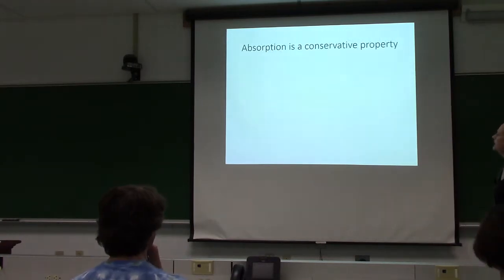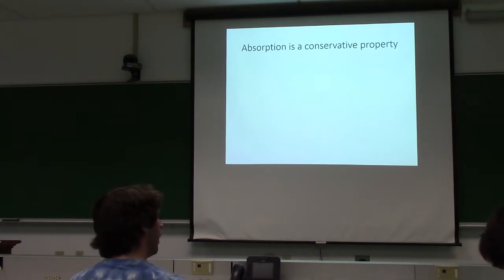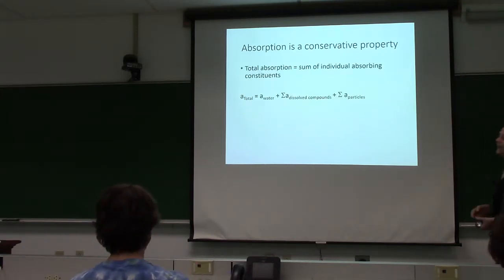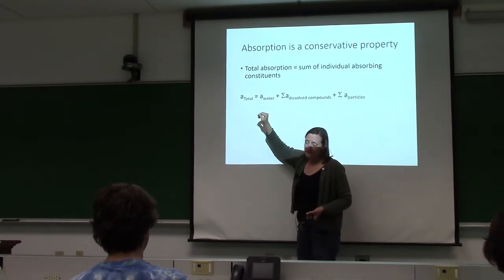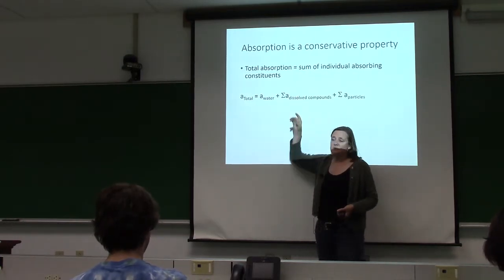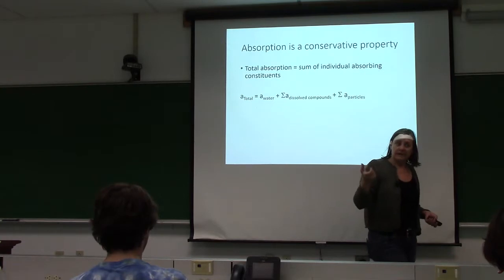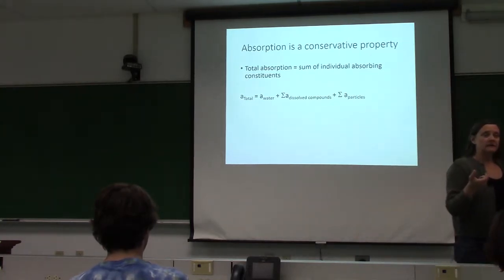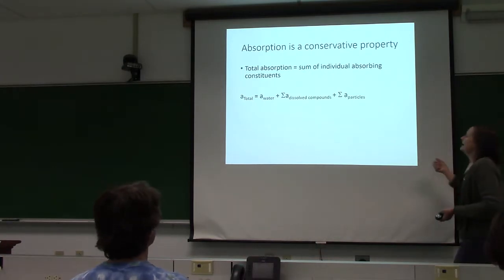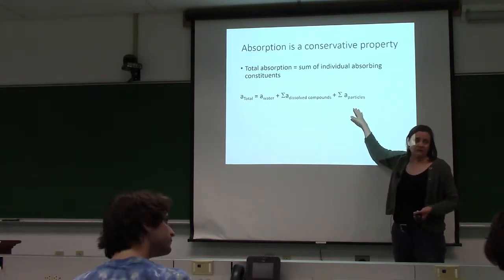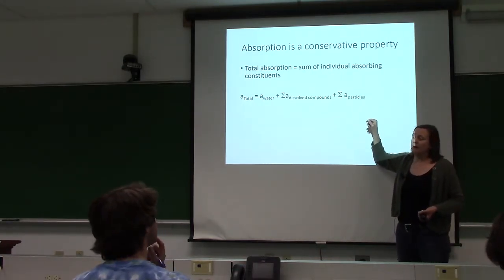Okay, so the cool thing is that that absorption is a conservative property. And that means that if you could measure the absorption by water, and if you could go out and measure the absorption by all the different dissolved compounds that we have, all the compounds that are part of CDOM, colored dissolved organic matter, and if we could measure the absorption by all the different particles, we could add them up.